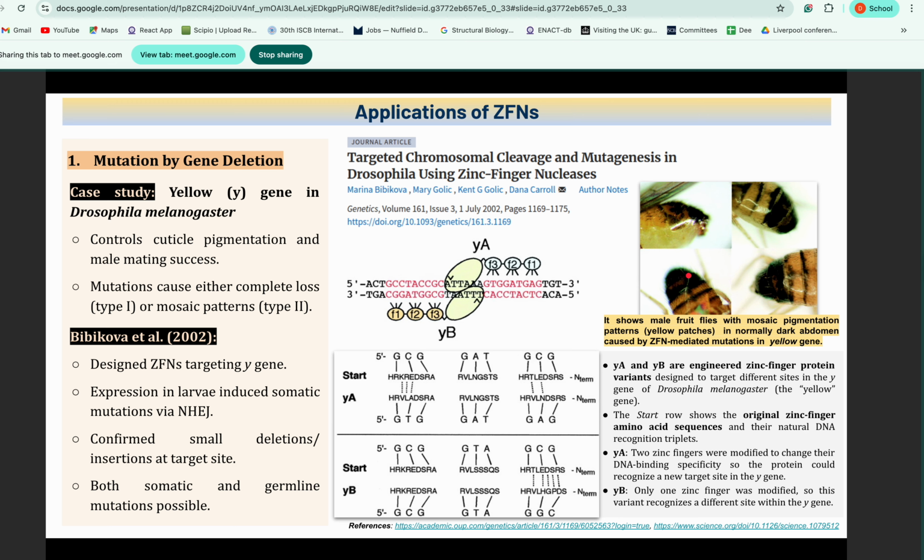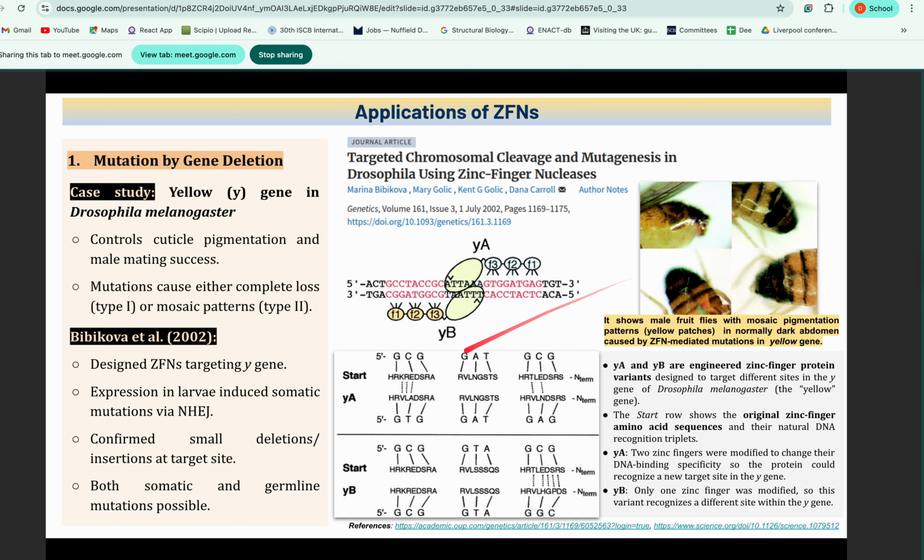To check whether the mutation has happened, he checked the color of the cuticle. If yellow patches appear, that means mutations have taken place. If it is dark, which is the normal one, then mutation has not taken place. So according to this study, we can use zinc finger nucleases to bring about mutations.